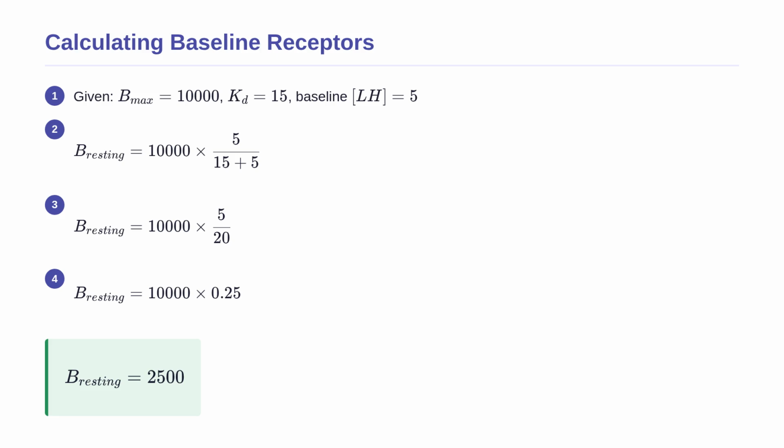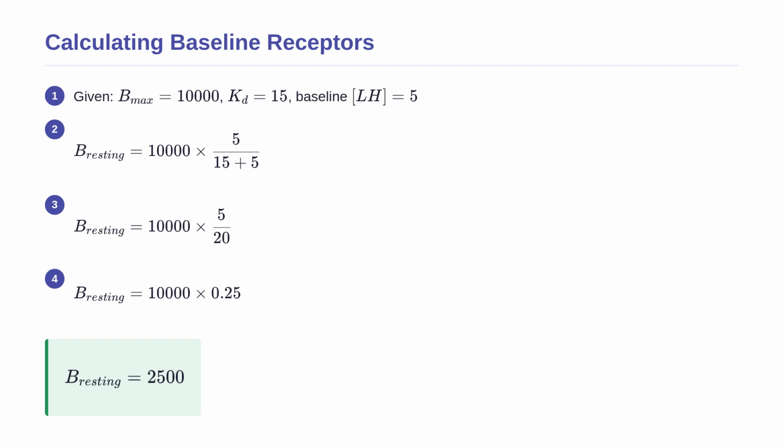Before we move on, let us see this with a concrete example. We want to calculate the number of activated receptors during the normal resting phase of the menstrual cycle. We are given a maximum receptor count of 10,000, a dissociation constant of 15, and a baseline LH concentration of 5 units.